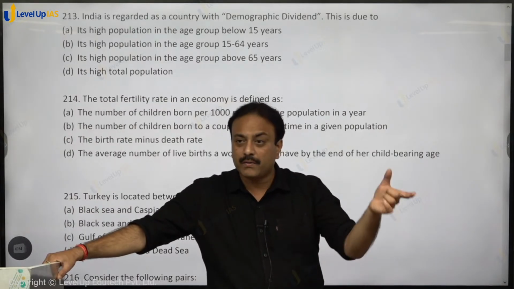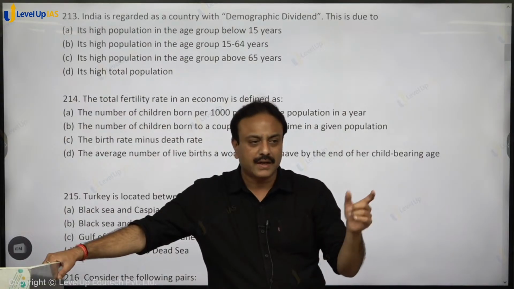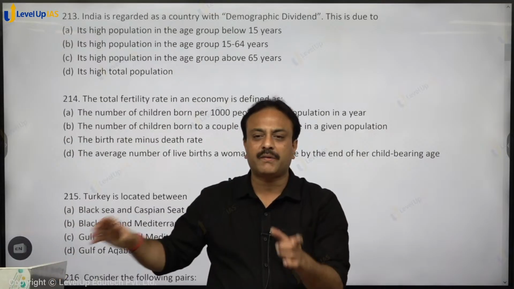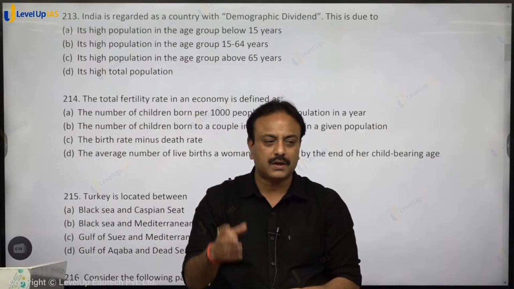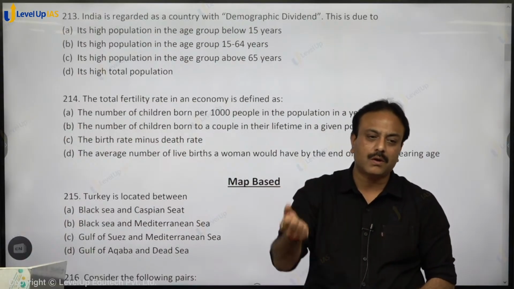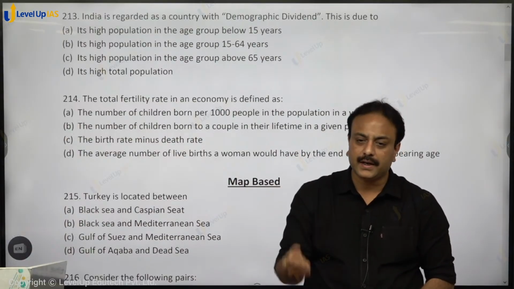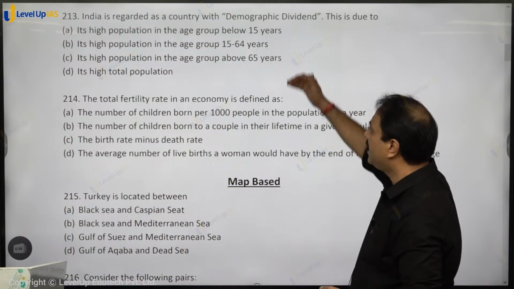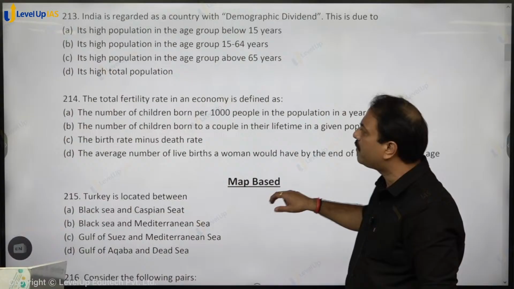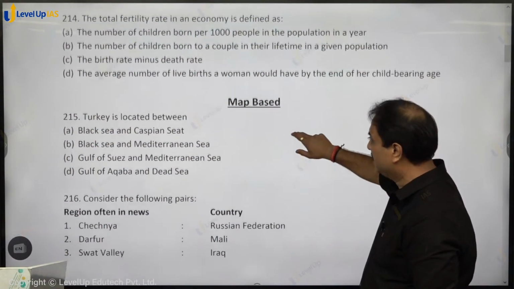But those who were smart enough were able to think that winter is related to contraction, cold, squeezing, and demographic is written, so demography is squeezing, so population is shrinking, reducing. Here the answer will be its high population in the age group of 15 to 64, option B, B for boy, shall be the right answer.